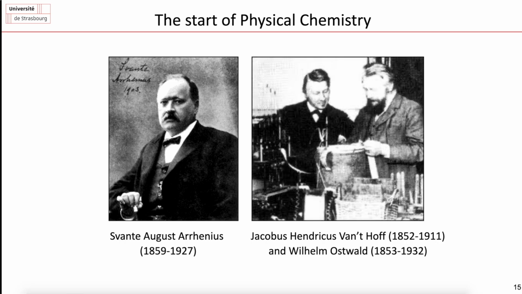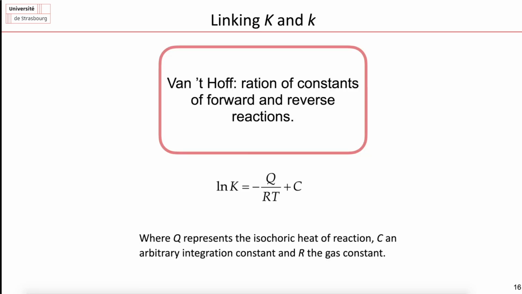And so a very important contribution of Van 't Hoff is realizing that there's the ratio of constants of forward and reverse reactions. So he started realizing that there's something called chemical equilibrium.